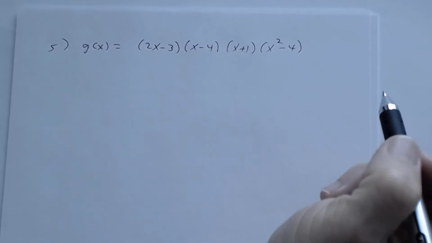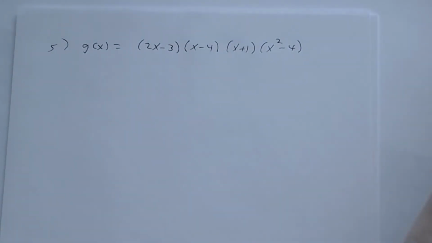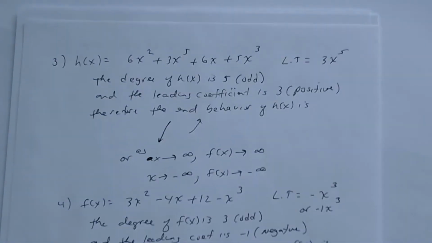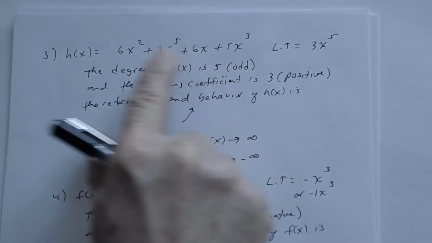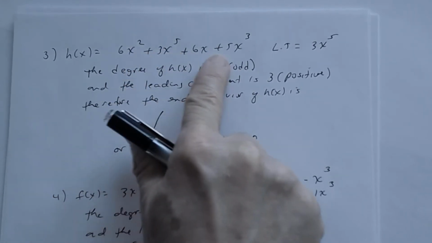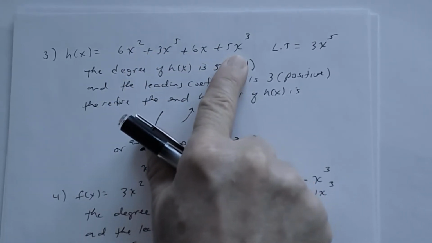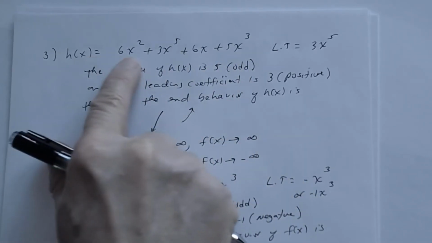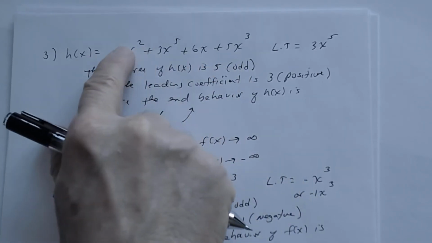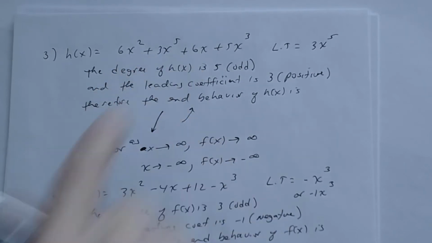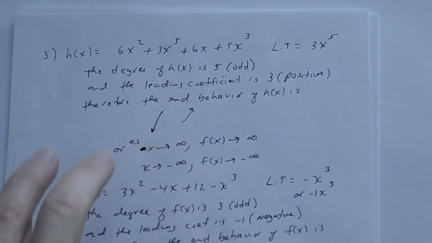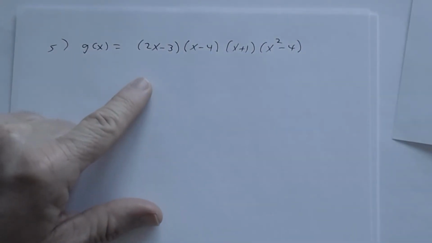Now, I want you to notice the difference from the first 4. In the first 4, your polynomial was written term by term. Sometimes it was in standard form, which means term by term in descending order. They weren't always in descending order, but at least it was written term by term, and those were easy to deal with. Here, though, this is in factored form.